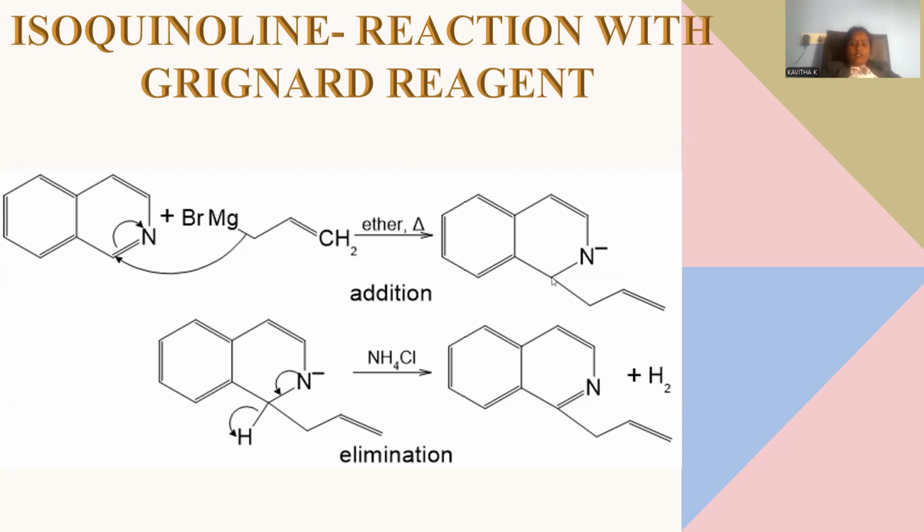After the alkylation at position number 1, there is negative charge delocalization towards the ring, restoration of the aromaticity, and subsequent H-positive removal under ammonium chloride conditions, so that the pyridine ring is restored. This allyl group will occupy position number 1 of this isoquinoline by means of the Grignard alkylation reaction.